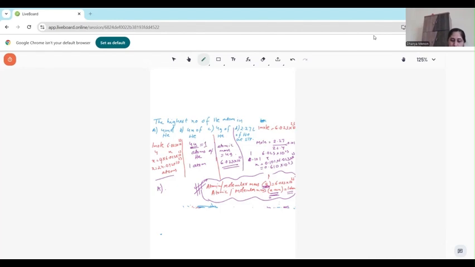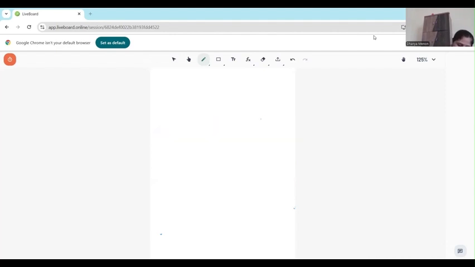For example, I'll just refer to one example. The atomic mass of calcium is 40. So 40 grams, that's atomic mass, will have how many particles? 6.023 times 10 raised to 23 atoms of calcium, because it's expressed in grams.